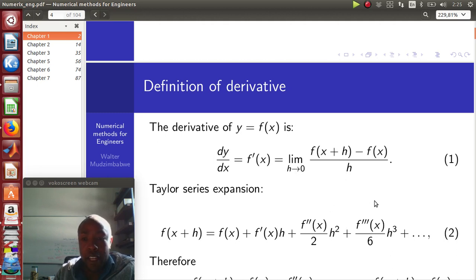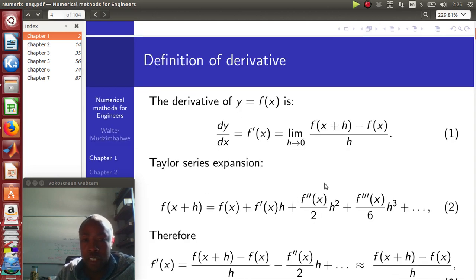Now the next thing that you need to know is, suppose we wanted to find these two values, then we could find these from the Taylor series expansion. The Taylor series expansion gives you f at x plus h in terms of f at x and its derivatives.